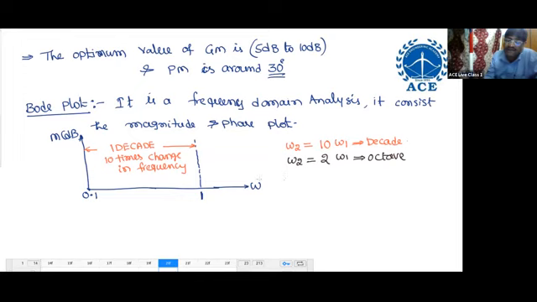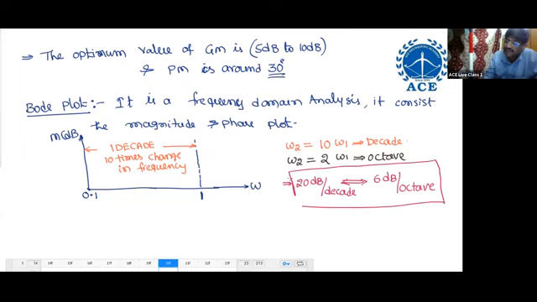What is required is conversion: 20 dB per decade equals 6 dB per octave. In any question, if they give octave, convert into decade. Remember, that is enough.